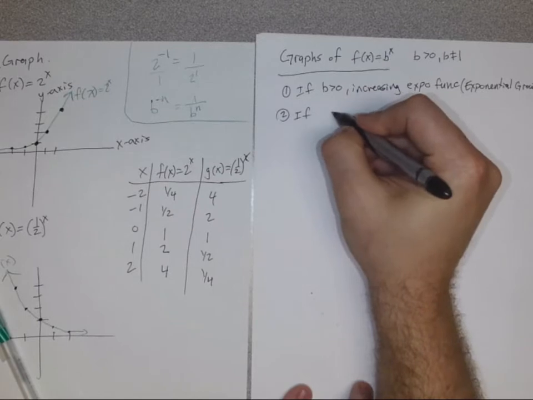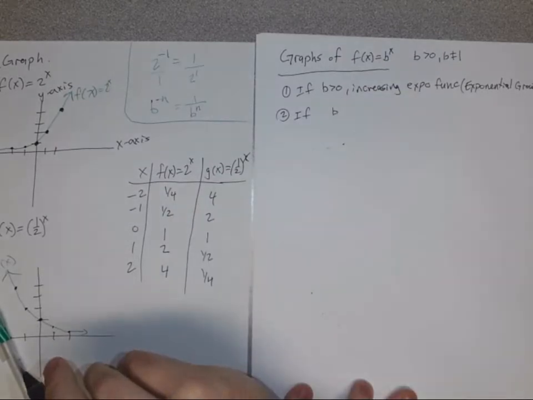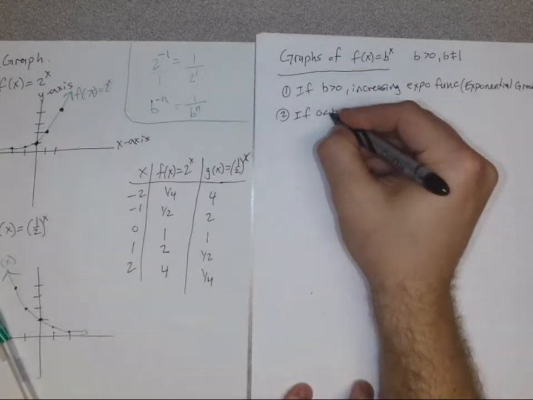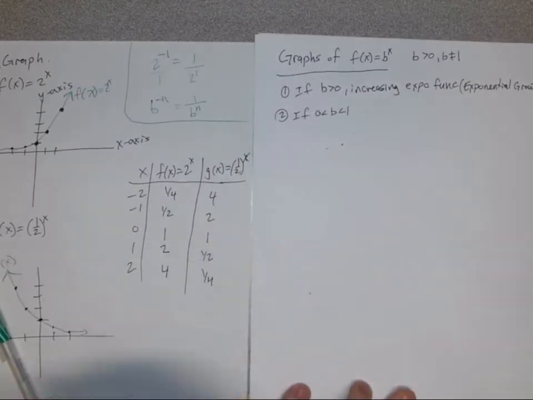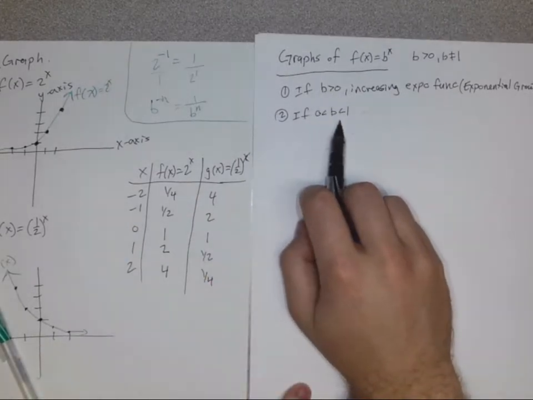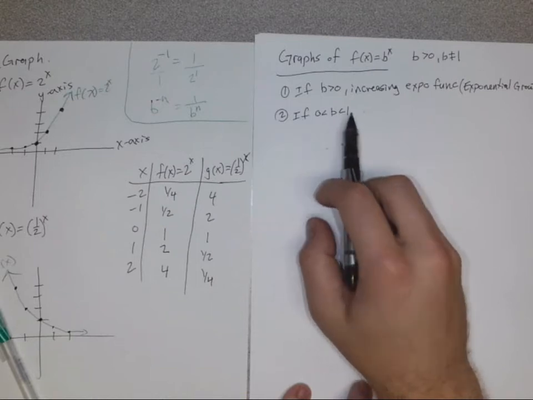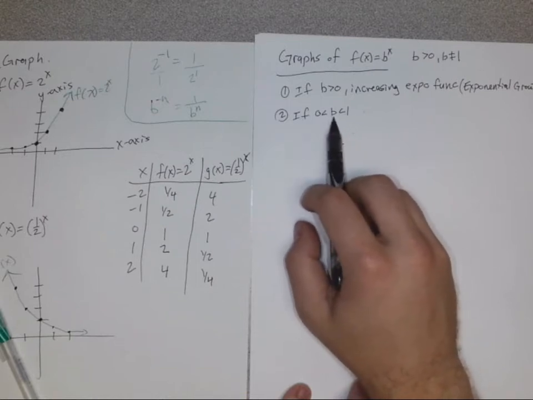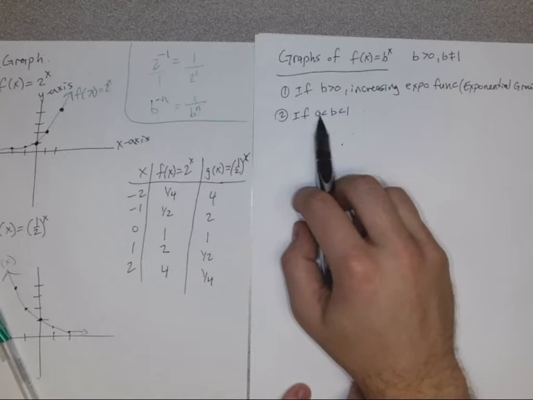If B, now watch what I'm doing here. I'm saying if B is between 0 and 1. So if you actually read it left to right, it's saying 0 is less than B and B is less than 1. But you can view it as B is between these two numbers.